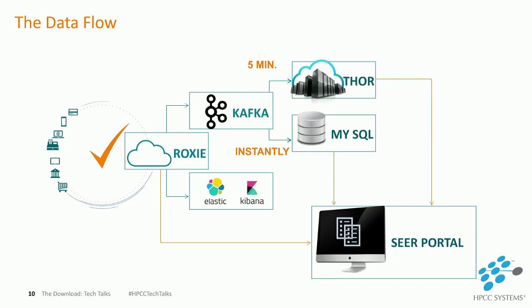Having this architecture gives us tremendous flexibility to be able to pull information from wherever we feel necessary. In other words, you could have a transaction coming in real time, but I don't know information about that user over the last 90 days. That's the job that Thor does, where it will pre-compile, convert that into an index, and allow us to populate that in front of a user screen.